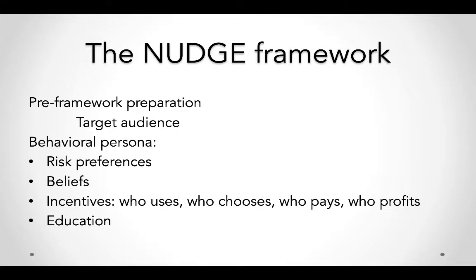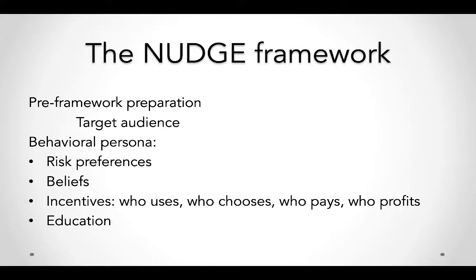We will need to do some pre-work here, and talk about the target audience first. Many businesses have a target audience in their marketing plan, and they talk about the target audience.